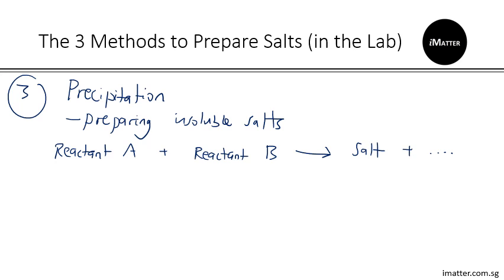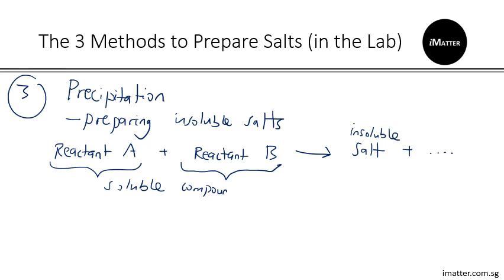And what you need to know is your salt is insoluble in water, whereas both your reactants are soluble compounds in water. So remember this rule. To use the precipitation method, you need to have two soluble reactants in order to get an insoluble salt.